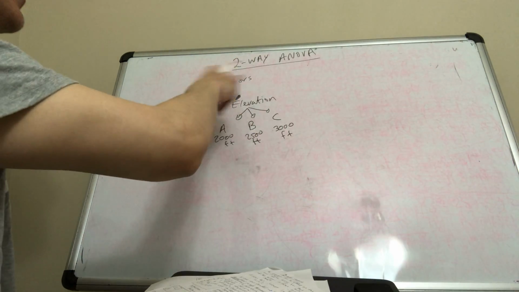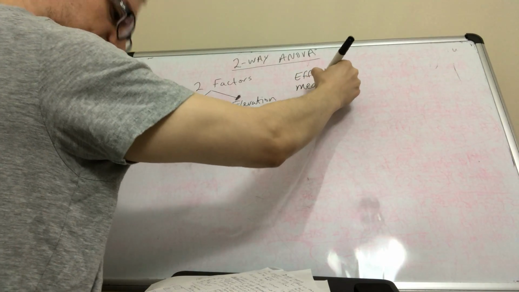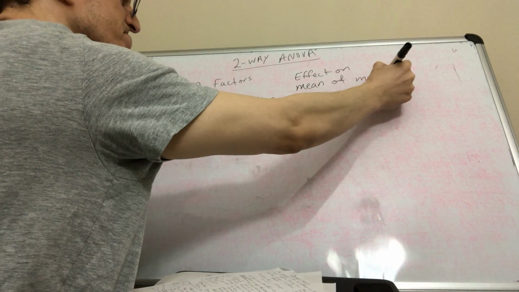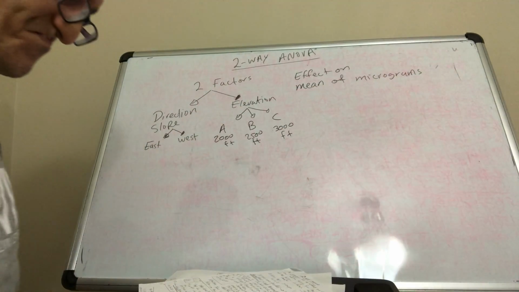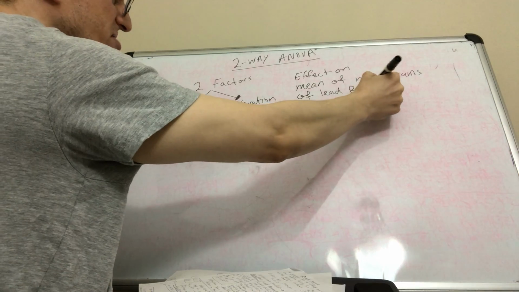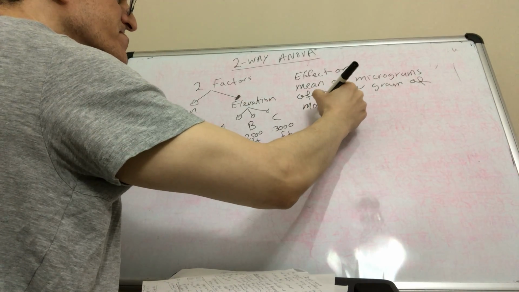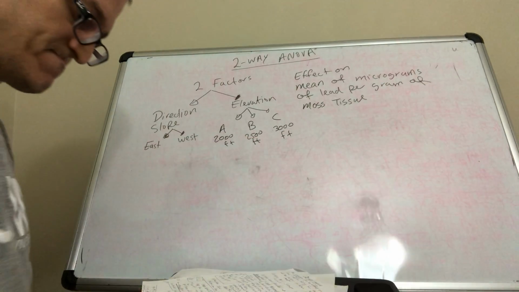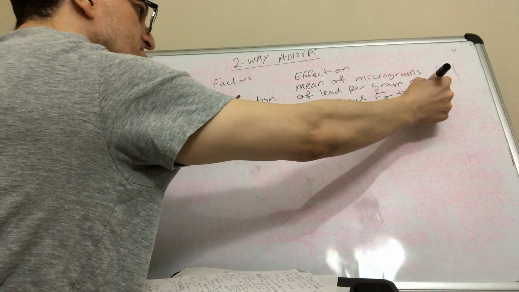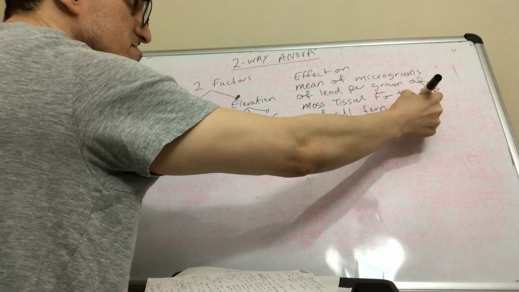And they want to see if any of them has an effect on the mean of micrograms of lead per gram of moss tissue, for the population of all fern moss specimens.